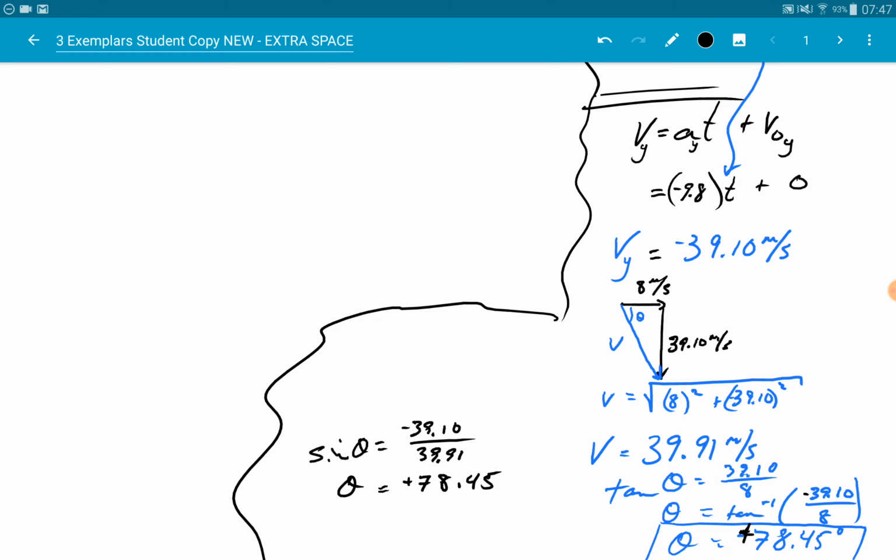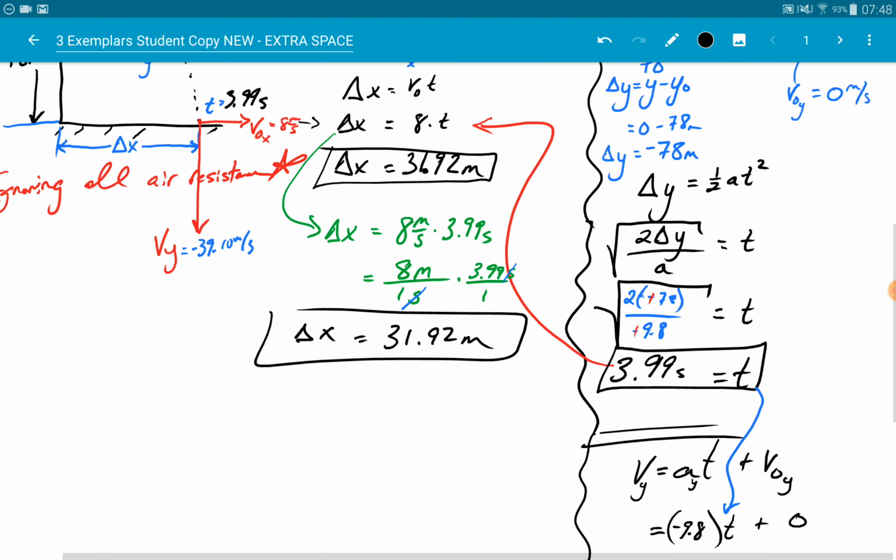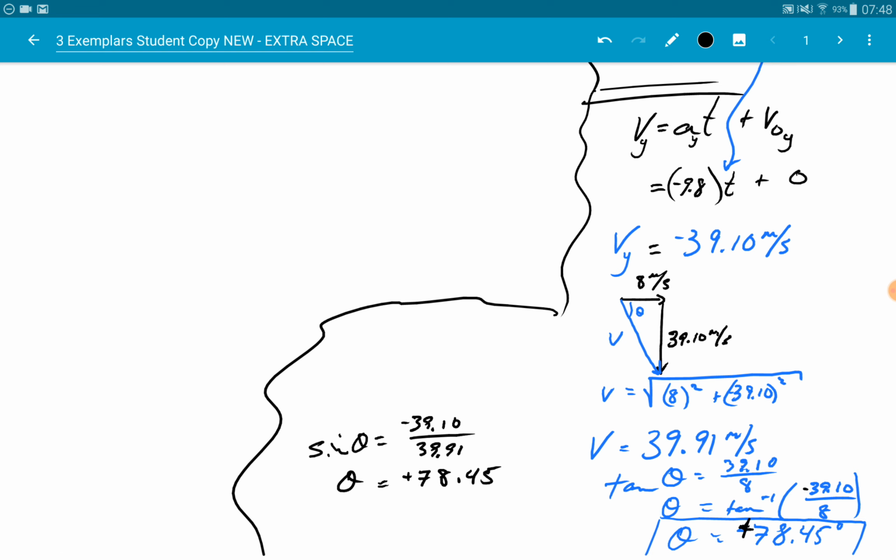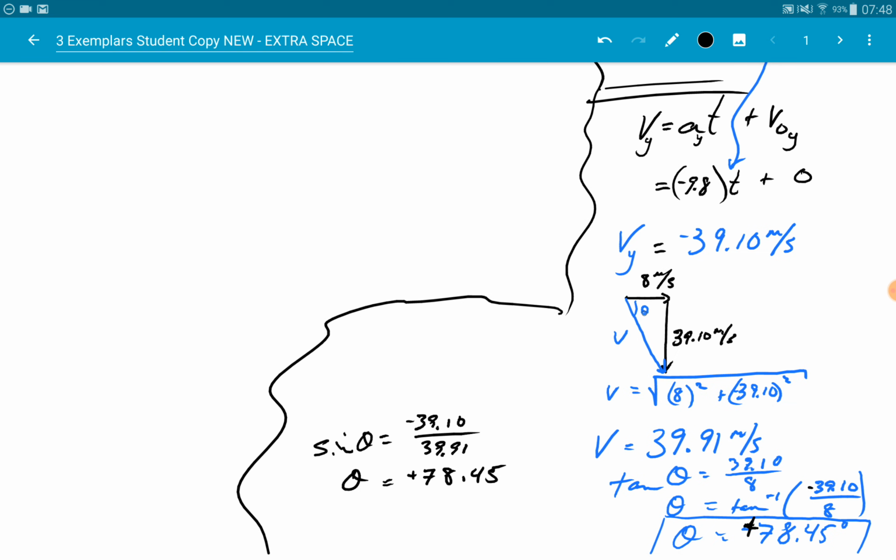So careful about that. Ultimately, what do you know? You know that the magnitude of that theta there is 78.45. Oh, sorry, I have the diagram right down here. And we can see that it is below the x-axis there. Okay, cool. So it does look like that.